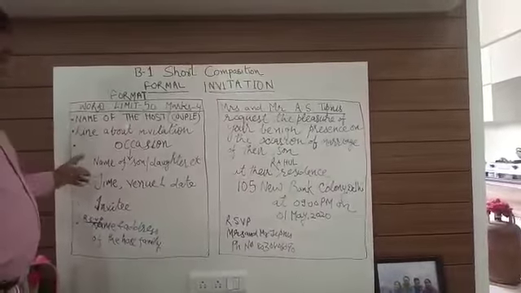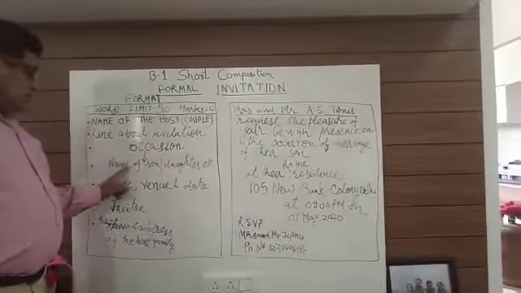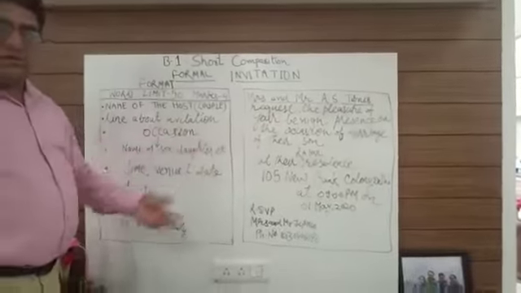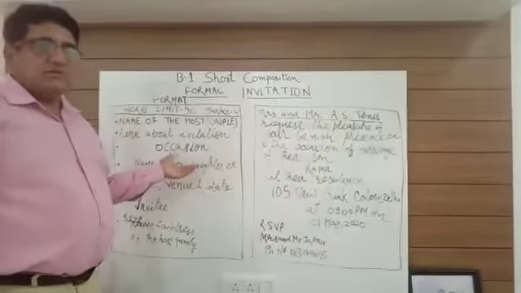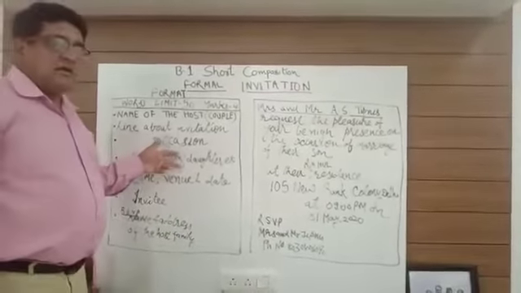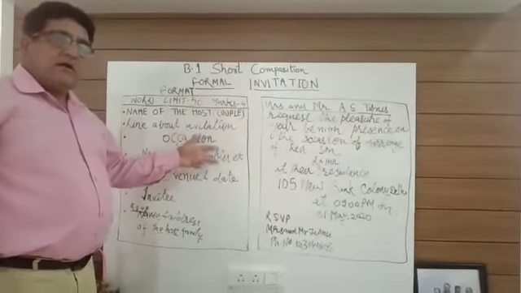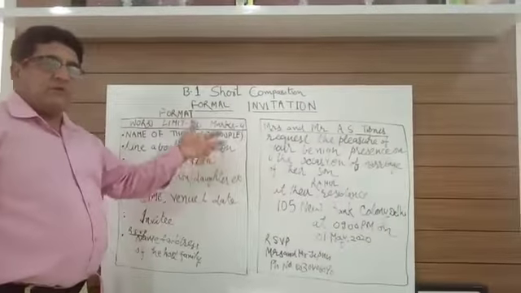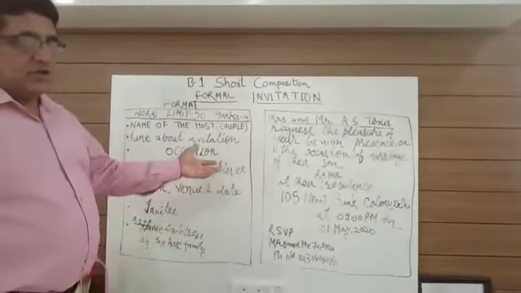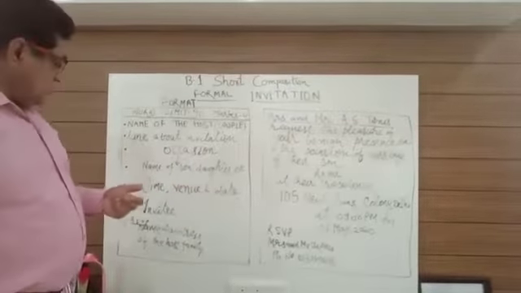Now the third line is the name of the son or daughter if we talk about marriage, and if we talk about school functions, club functions, then we can write the year and the other occasions like the golden jubilee celebration, silver jubilee celebration or the platinum jubilee celebration of an organization.